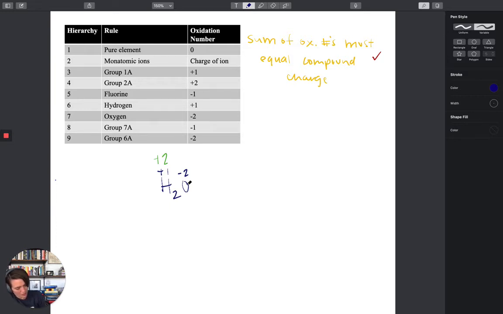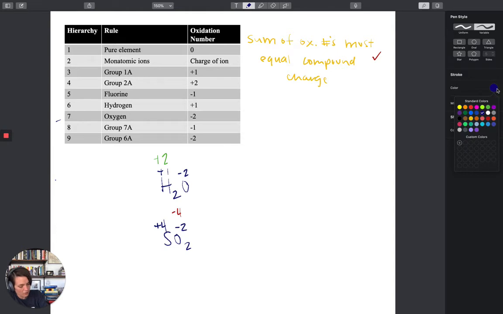Oxygen, this is the next rule, rule 7, is going to have a negative 2 charge that can be trumped by hydrogen. So that would be negative 2, overall charge, negative 4. Our charge of sulfur then would have to be positive 4, right? It needs to balance out the overall charge of those hydrogens.